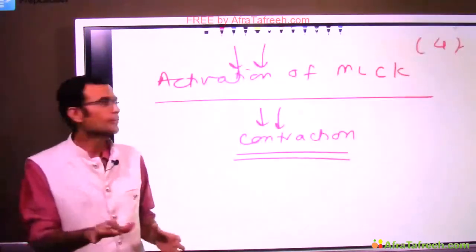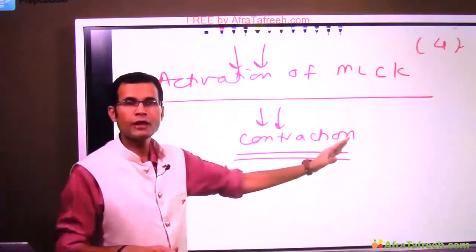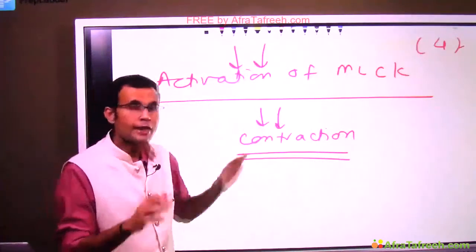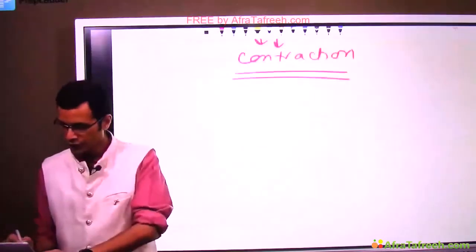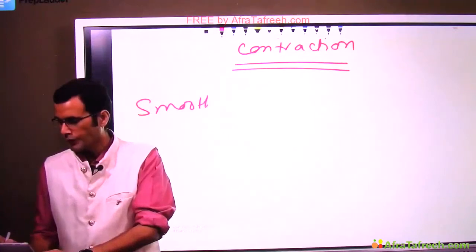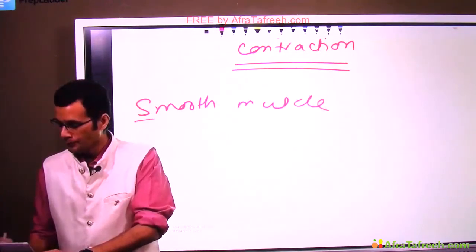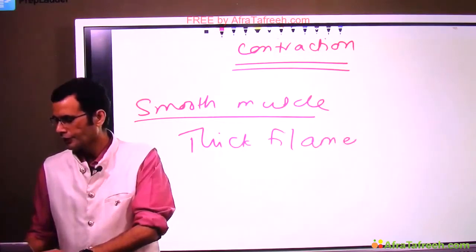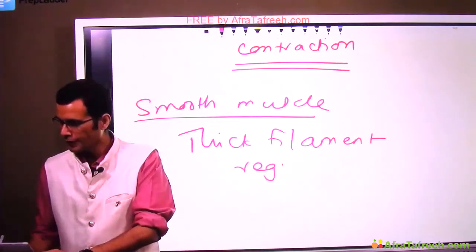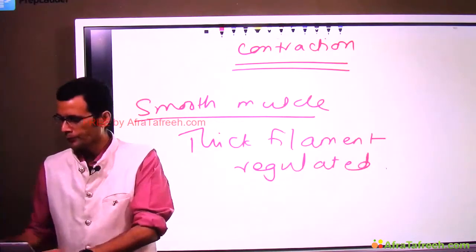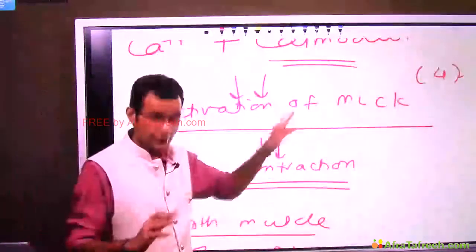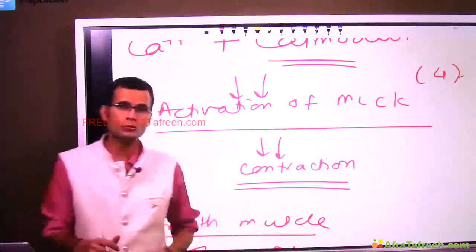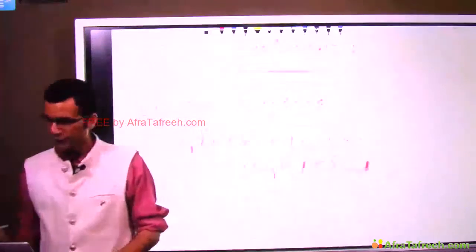It means activation of the thick filament is the necessary event for the contraction of smooth muscle, and therefore smooth muscle contraction is said to be thick filament driven or thick filament regulated contraction, because it is initiated only after myosin light chain kinase is activated. So it's in the thick filament.